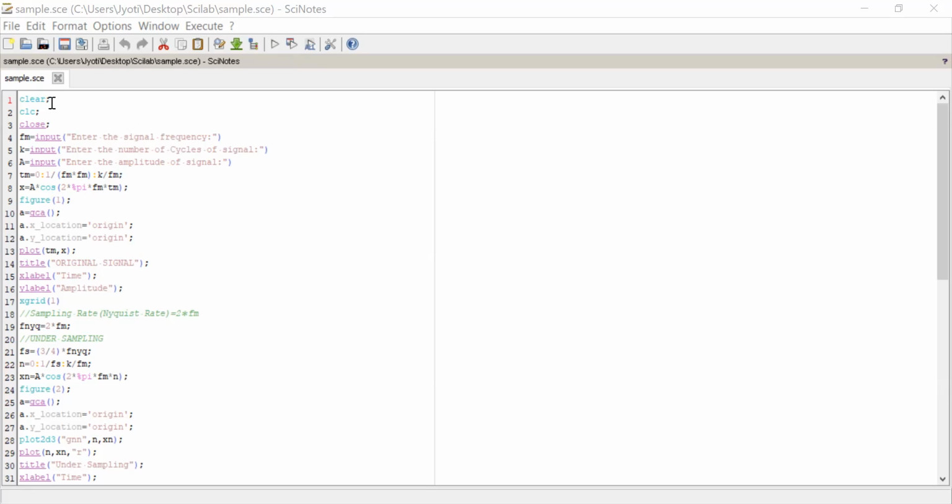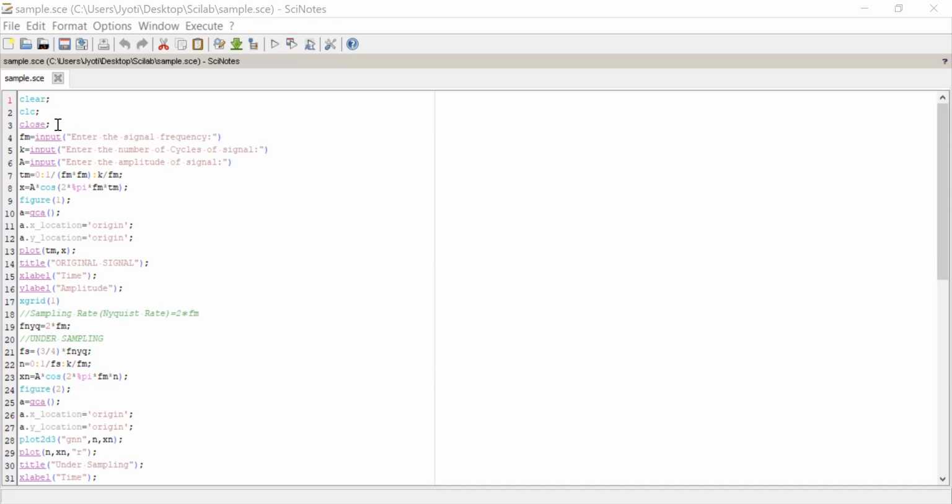If anything is left from previously executed programs, like figures and variables, we want to clear those. Therefore, for every program starting, we use these three instructions.